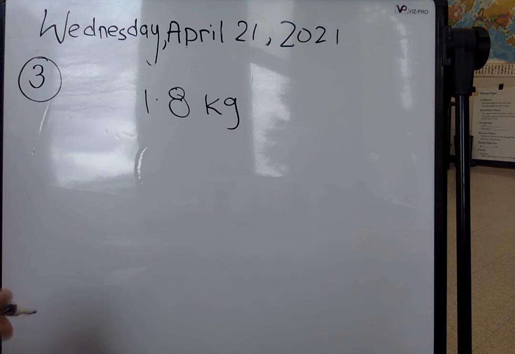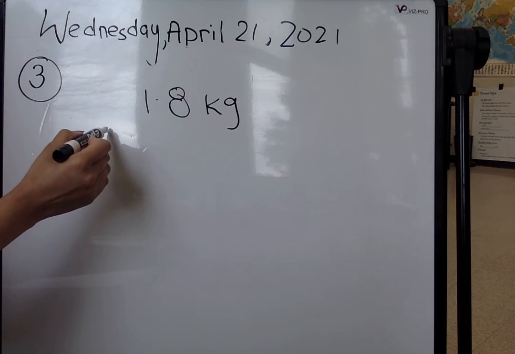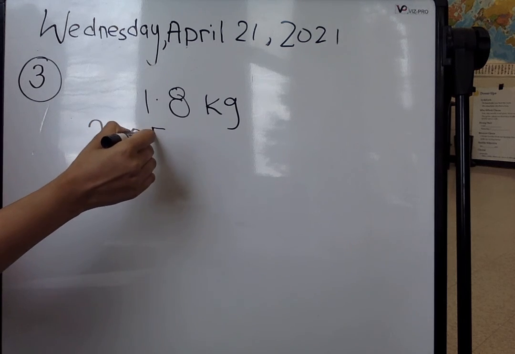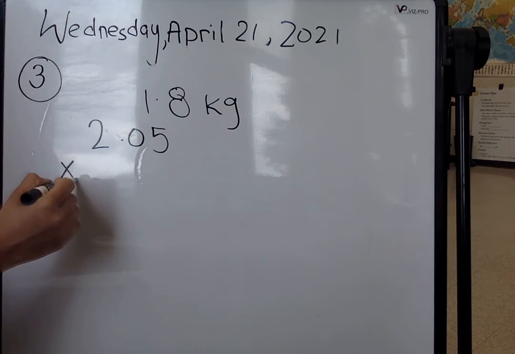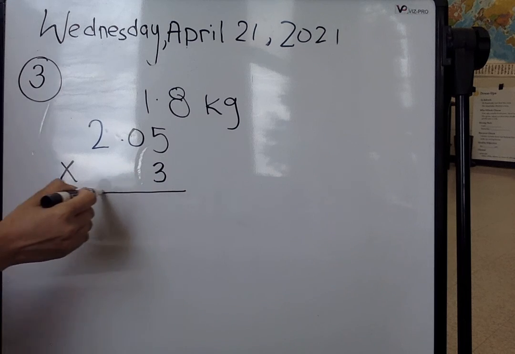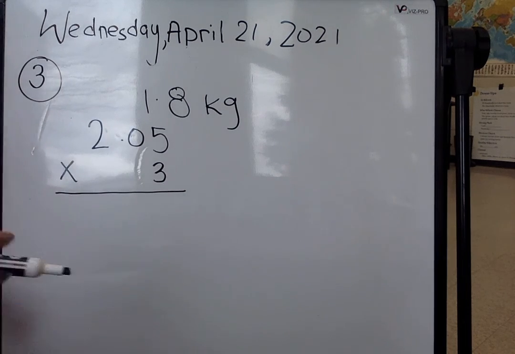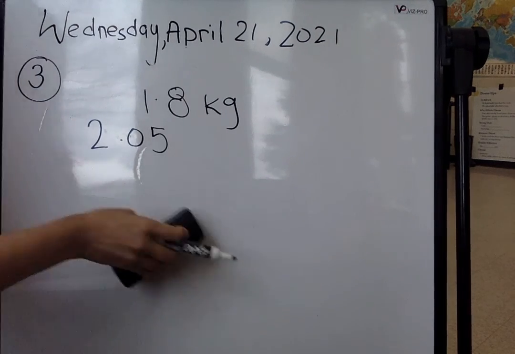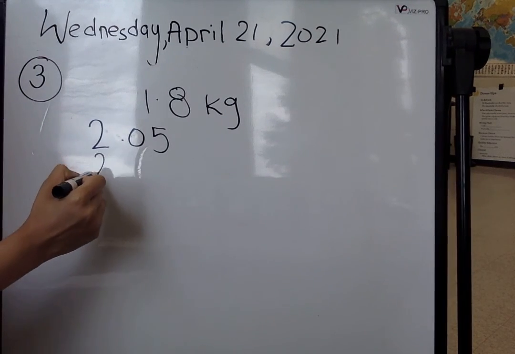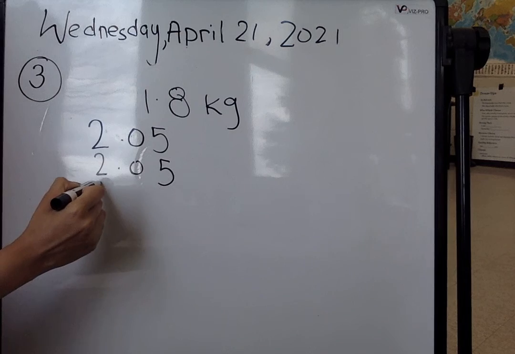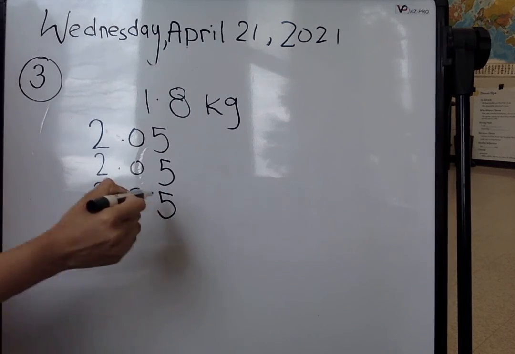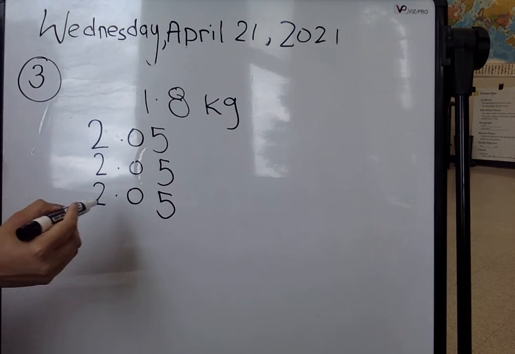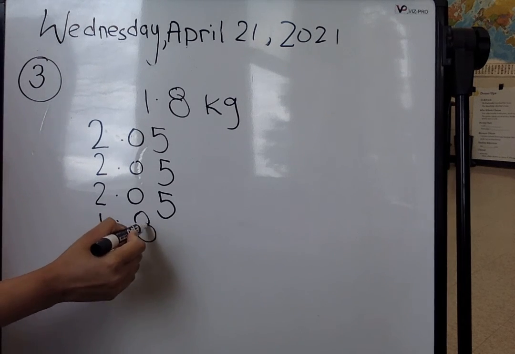So what do we need to do? There are 3 packages that weigh 2.05 kg. So instead of adding 2.05 three times, we could have done it two ways. We could have added 2.05 three times, and then at the end we could have added 1.8.